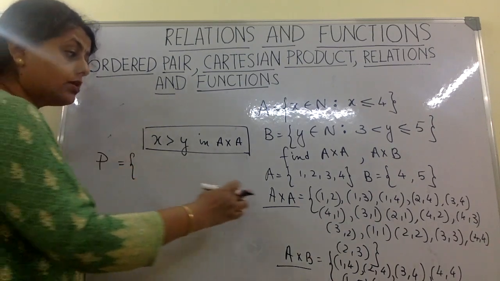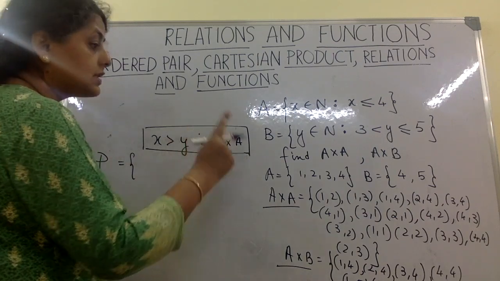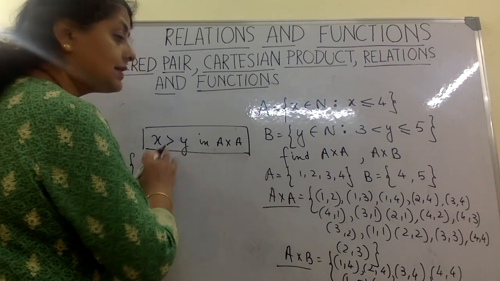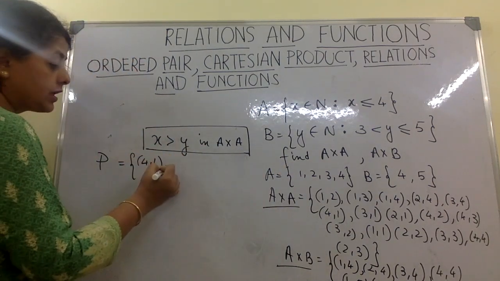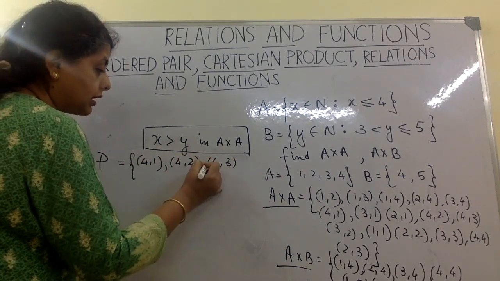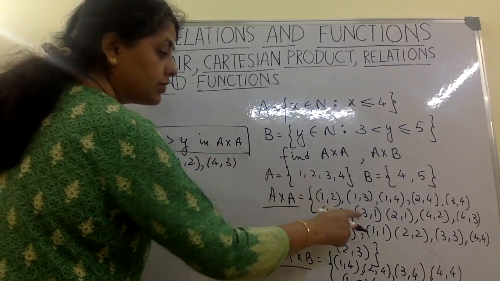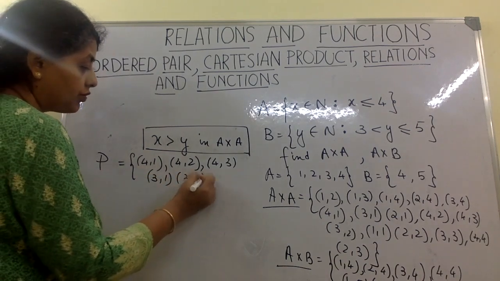That is a subset of a Cartesian product, where I take X greater than Y. Which are those? 4 comma 1, 4 comma 2, 4 comma 3. After 4 comma 3, I have to look for other numbers. 3 comma 1, 3 comma 2.